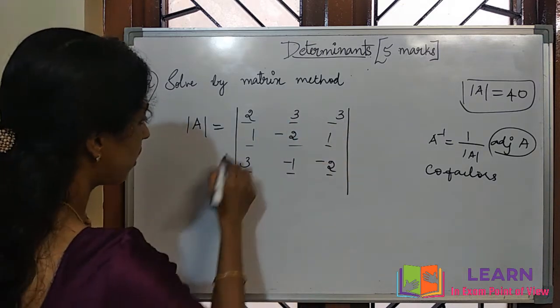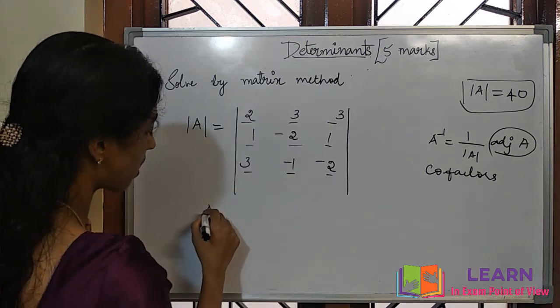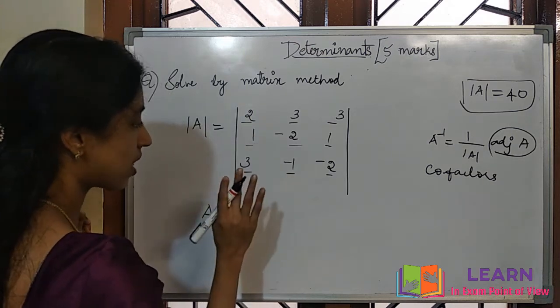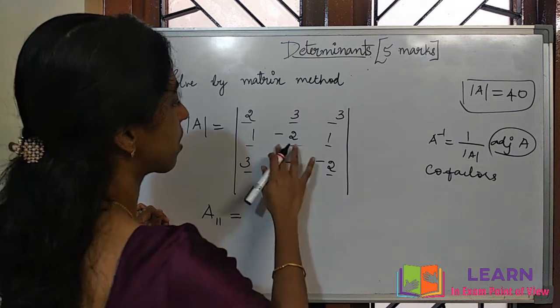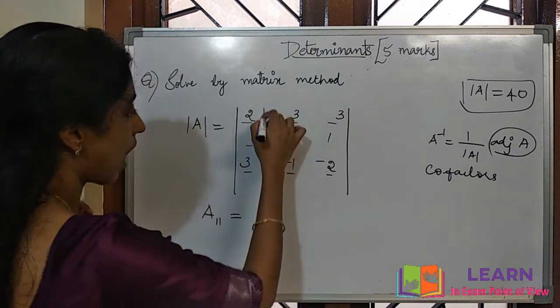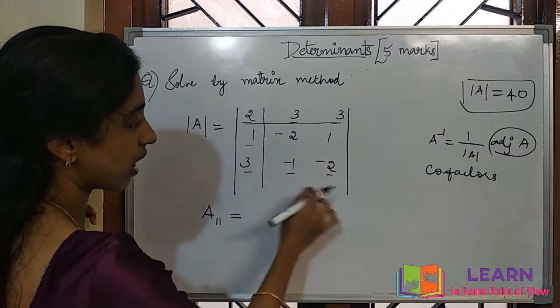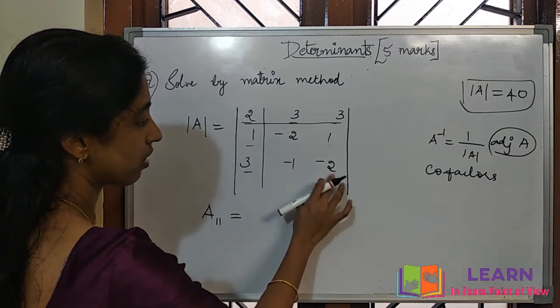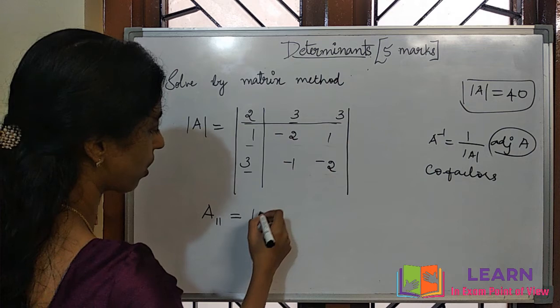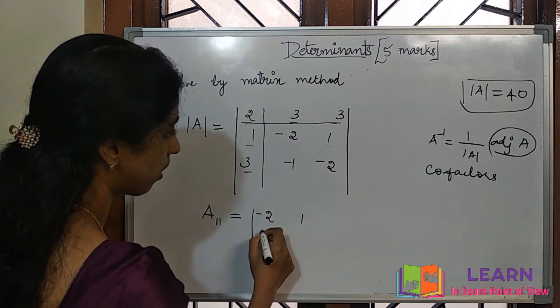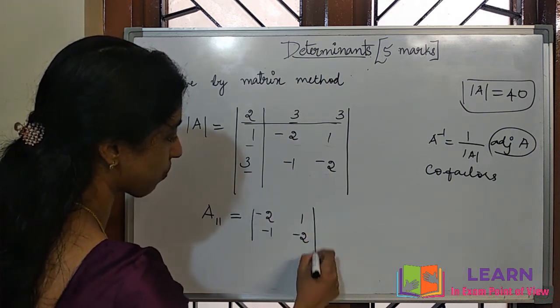I will denote the first element's cofactor as A11. That is just like expanding the determinant, nothing new. We hide its corresponding row and column, and take the small matrix, that is minus 2, 1, minus 1, minus 2.